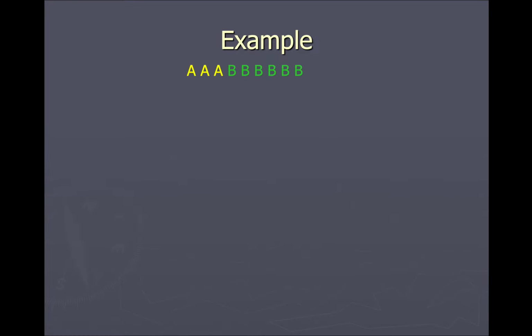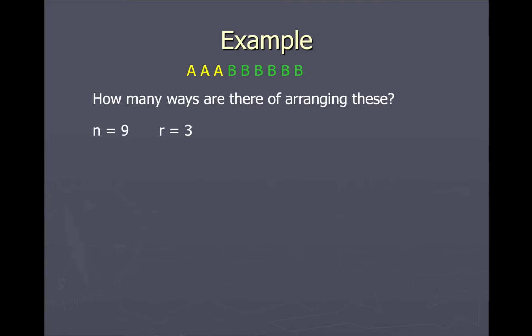Example: 3 A's and 6 B's. How many different ways can we arrange them? Well, n is equal to 9. There are 9 letters altogether. R is equal to 3. There are 3 A's. So n choose r is n factorial over r factorial times n minus r factorial.